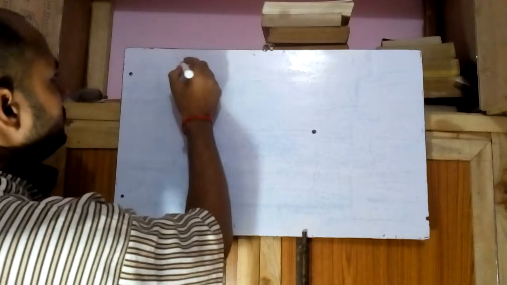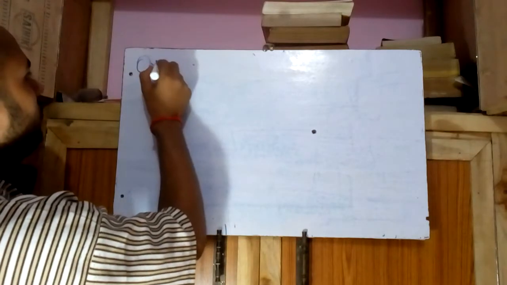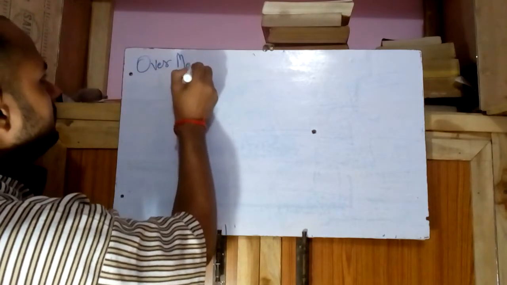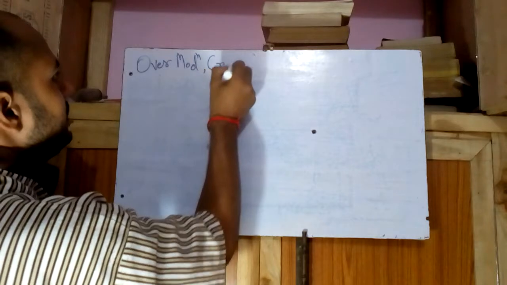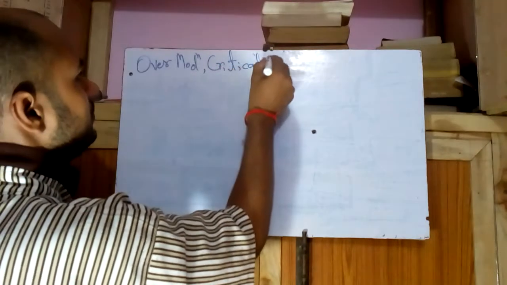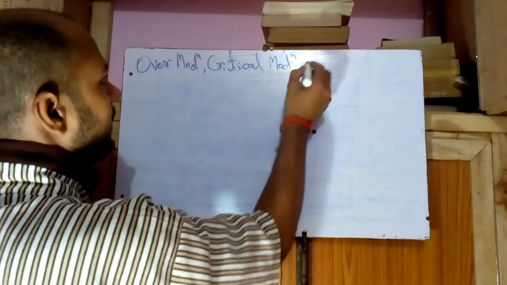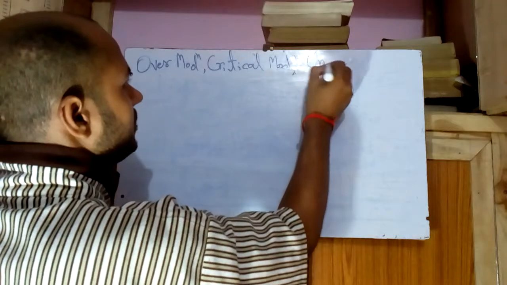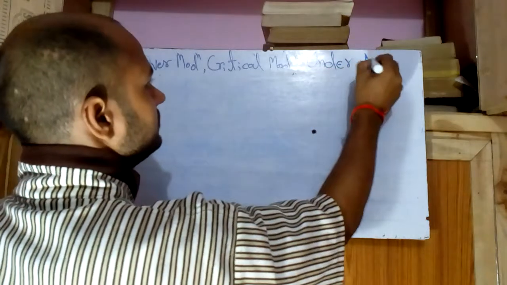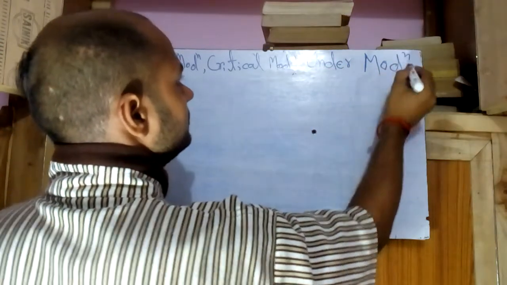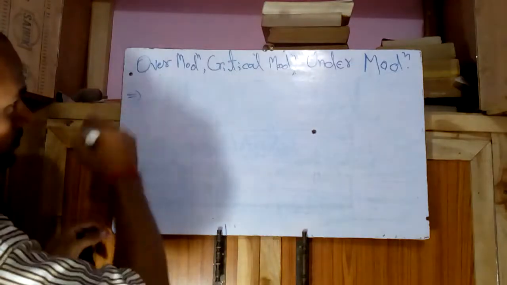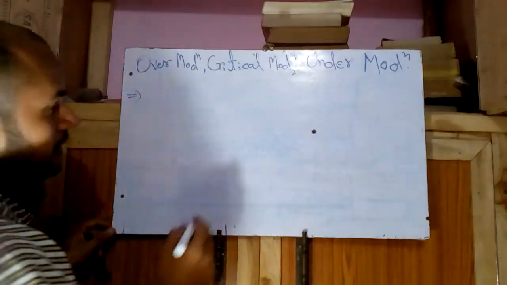So what is over modulation, critical modulation and under modulation? Take an example.